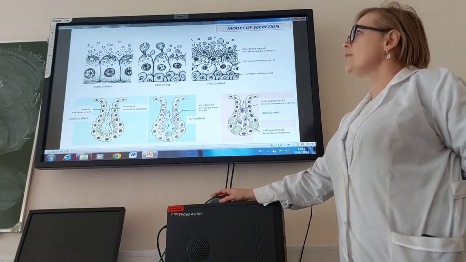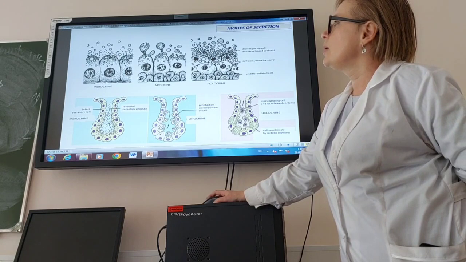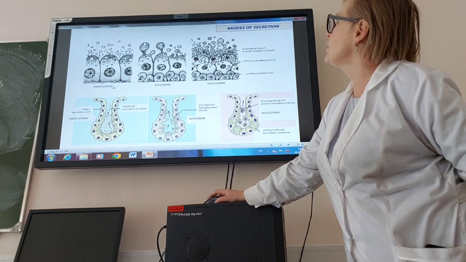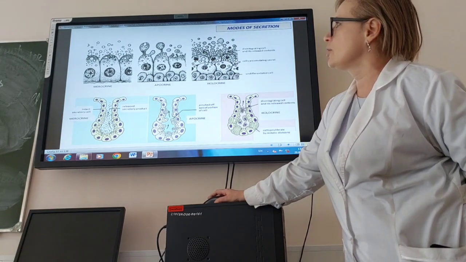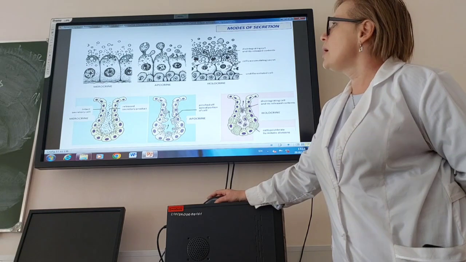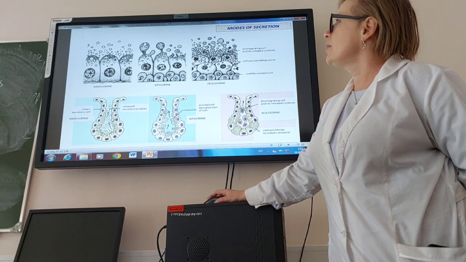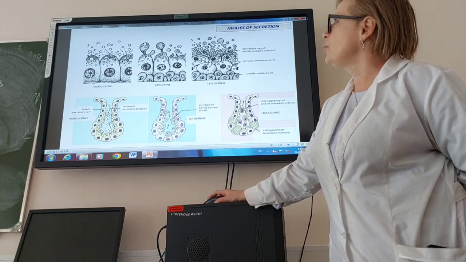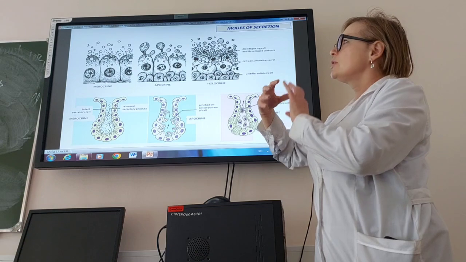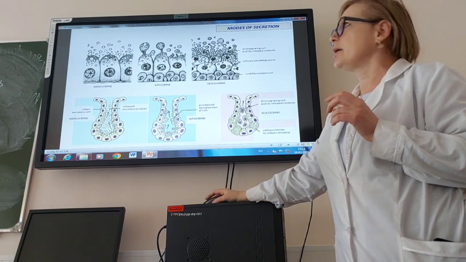And the releasing of secretion can be of different types. Typical exocytosis we name as the merocrine mode of secretion. But some cells release secretion together with a partially destroyed part of the cytoplasm.